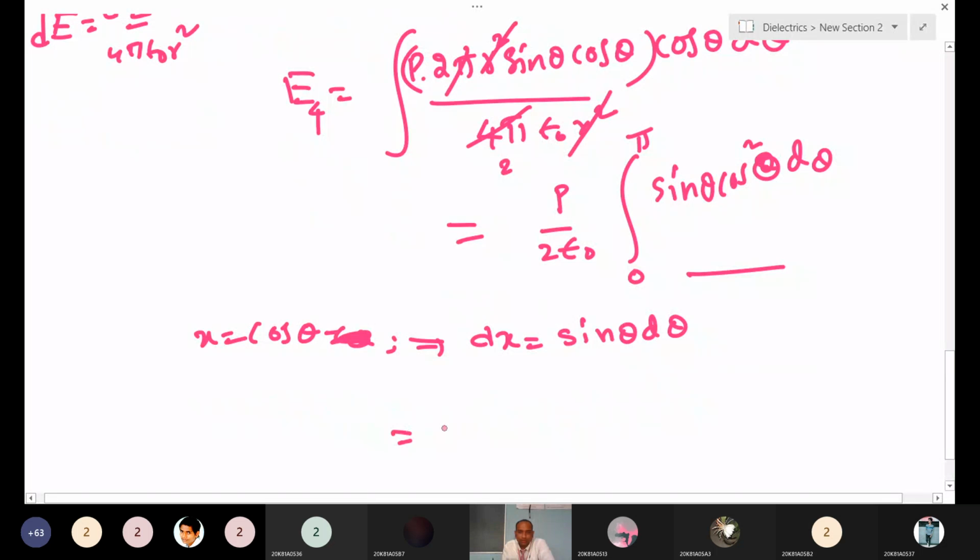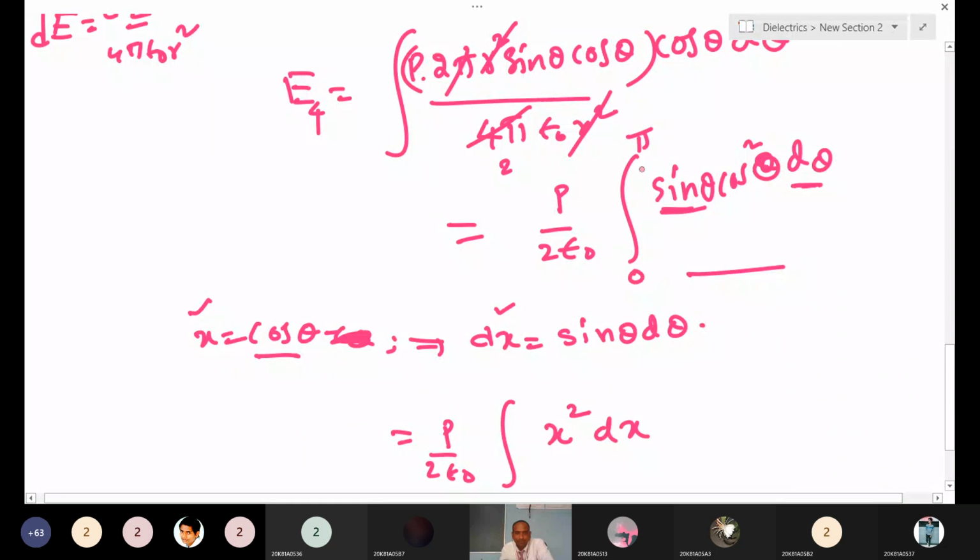Here you have P by 2 epsilon naught common, and the integration of sin theta d theta. In place of sin theta d theta, you write dx. Cos theta is equal to what we have taken? x. So that means here x square dx.